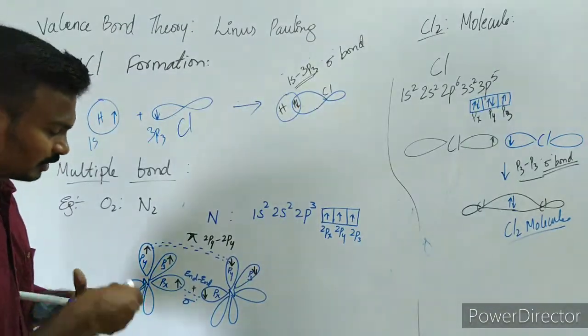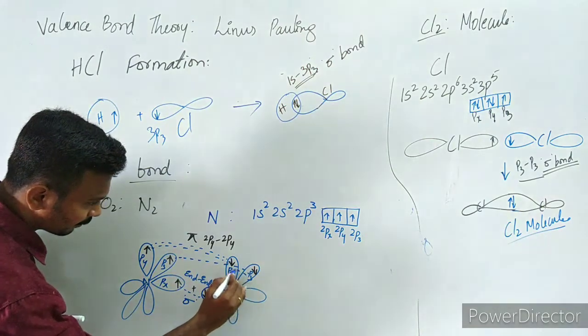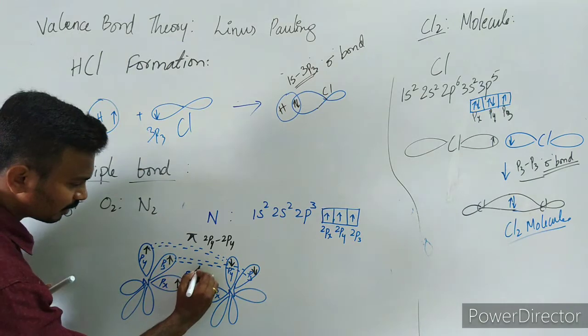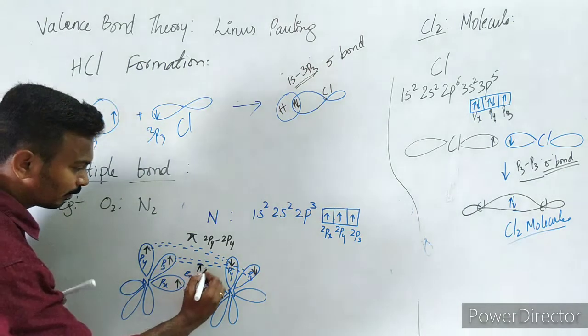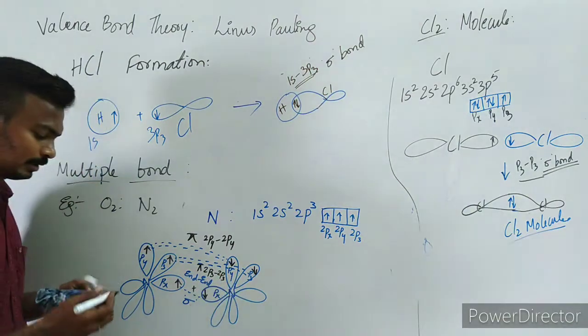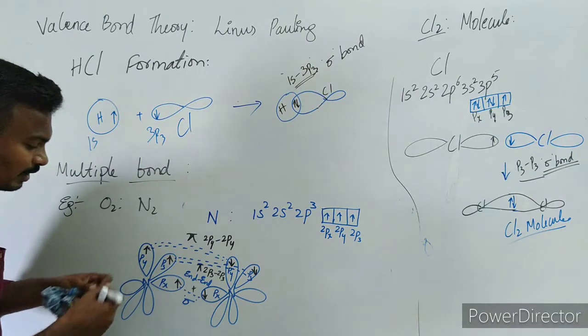Next, again one more overlapping will occur between 2pz and 2pz. See here, this is one more pi bond, with overlapping of 2pz of one nitrogen and 2pz of another nitrogen.